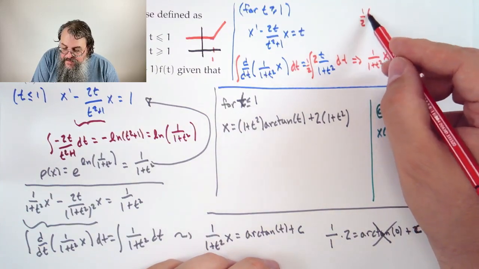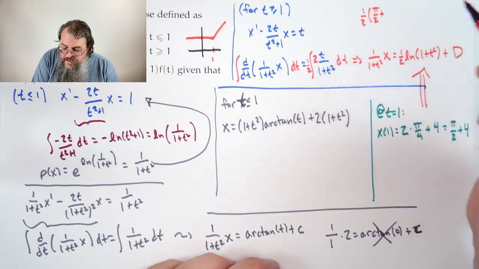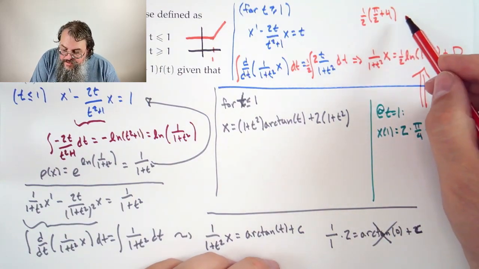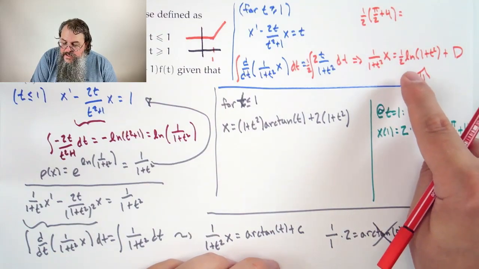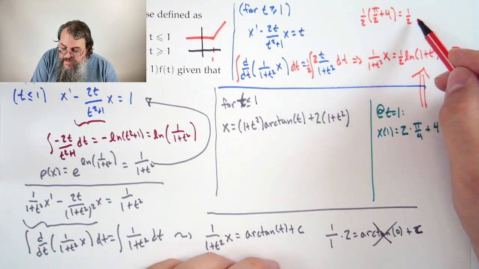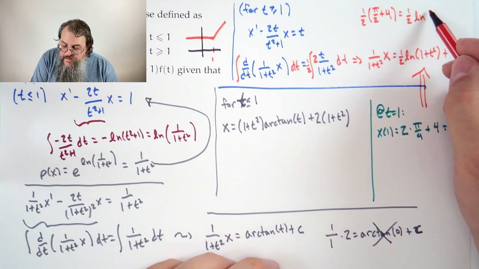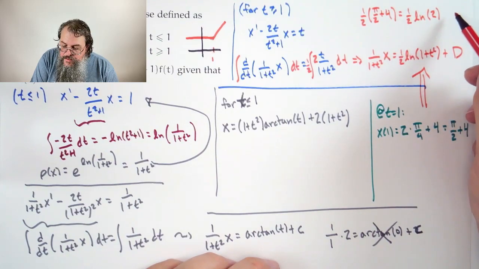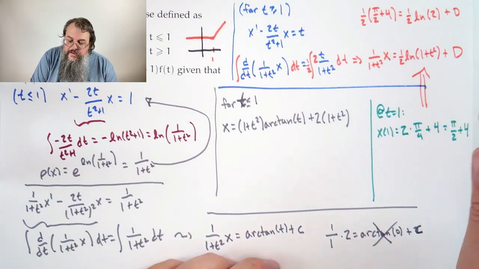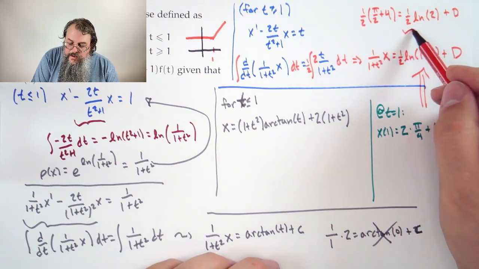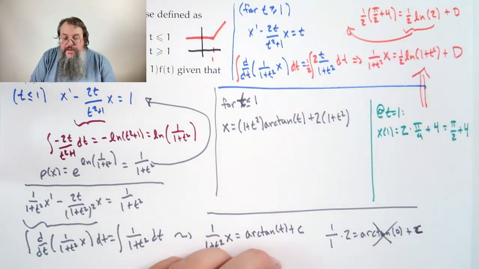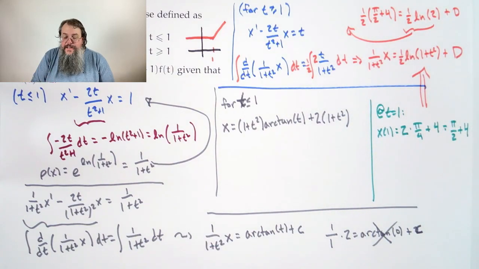So 1/2 times pi over 2 plus 4 is equal to, and here it's 1/2 log of 1 plus 1 squared, which is log 2, and then plus d. And so, of course, we can move this 1/2 log 2 to the other side, but the point is we can now solve for d. And once you have d, well, you multiply across.